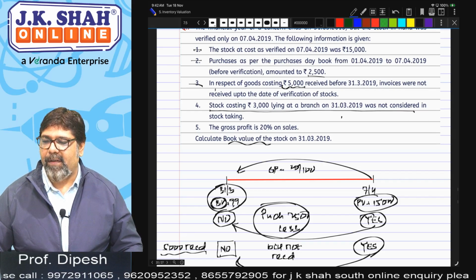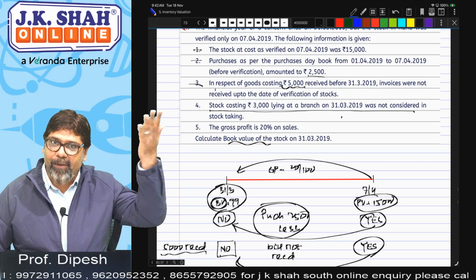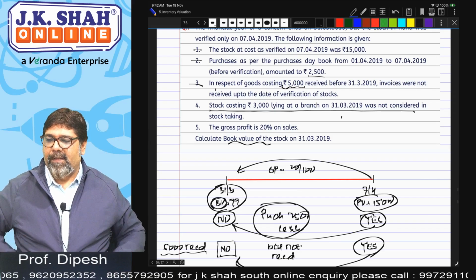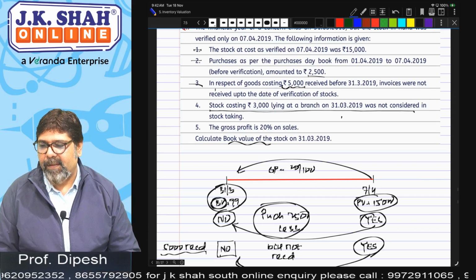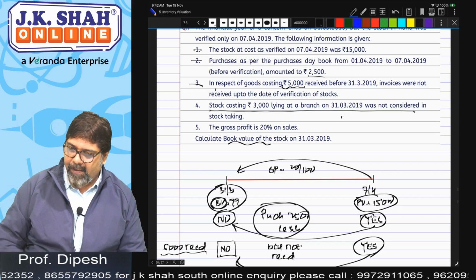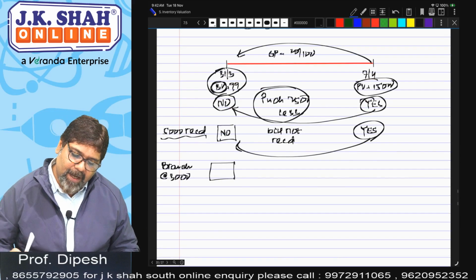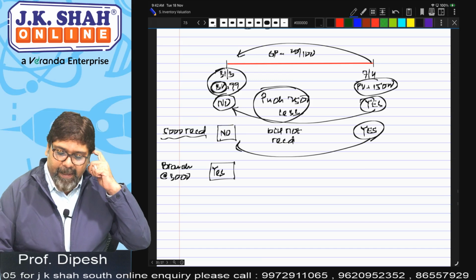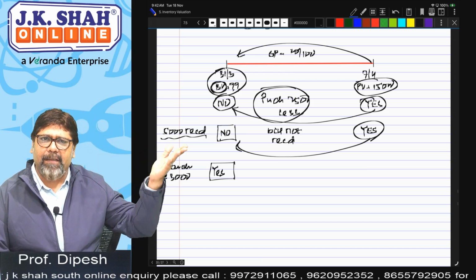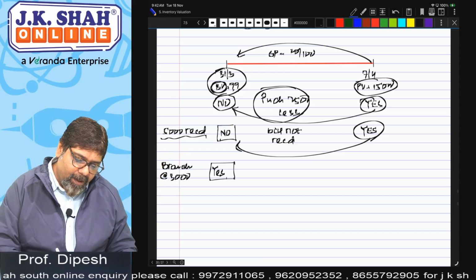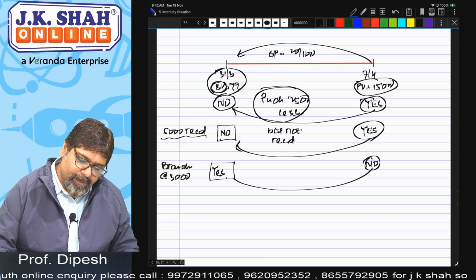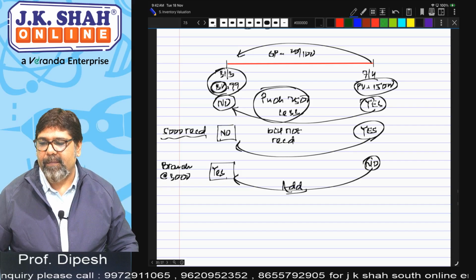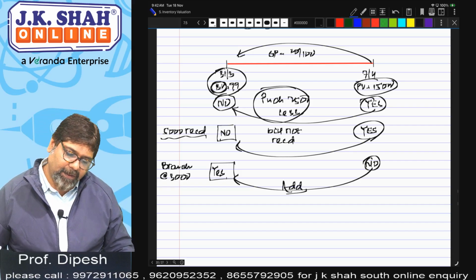It is branch, not head office. We are head office. The stock is at branch. Now, the stock at branch. Yes. Why should it be yes? The stock is at branch. We are the owner, so it will come in our book value. It will not come in our physical value. No to yes. Add. We are the owner. Correct.